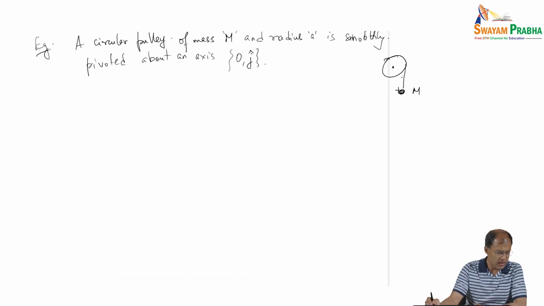The pulley connects the mass with a string which is a light inextensible string. So typically we will have a tension in the string so that the string is not slack.